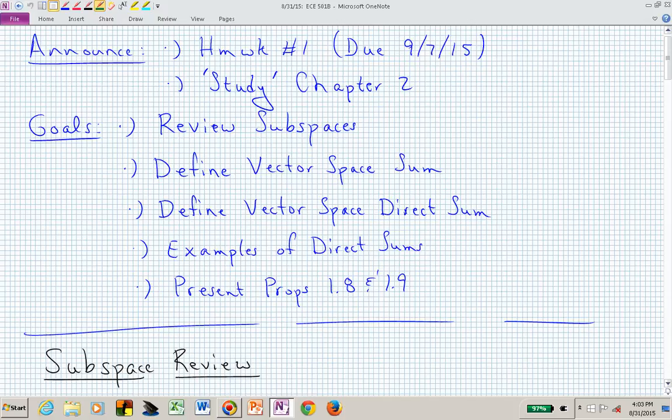And then we will talk about a vector space direct sum, and that's different from a vector space sum. It has some unique properties or characteristics. We will look at some examples and then present propositions, and these are all relative to the second edition.